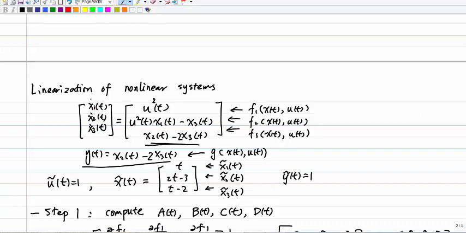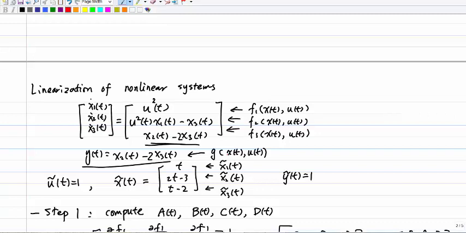Typically we have x1 dot, x2 dot, x3 dot, and more if you have more states. x1 dot is a function we name f1, x2 dot is f2, x3 dot is f3, and so on. And the output y, equal to x2, is a function we name g. This is the standard structure for linearizing a nonlinear system.